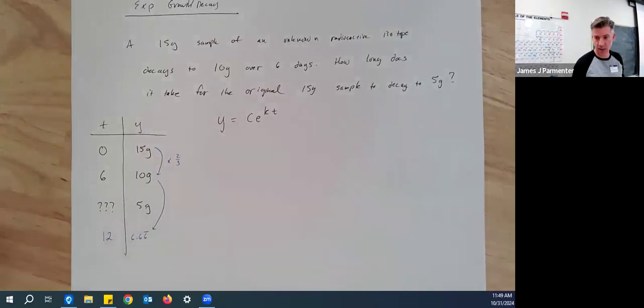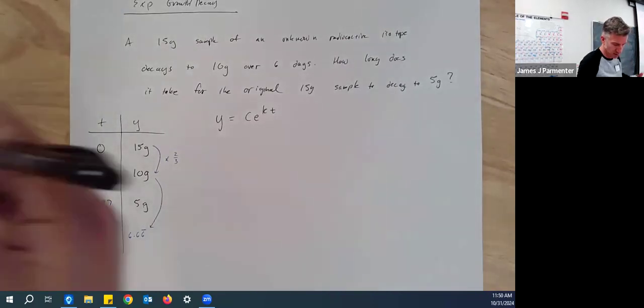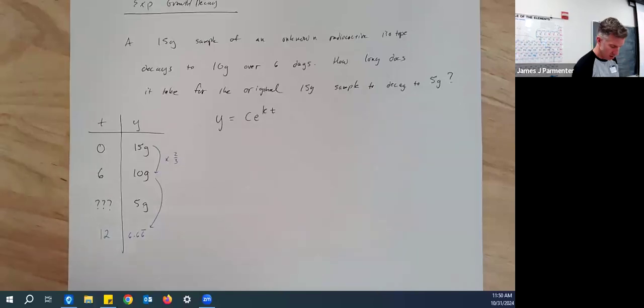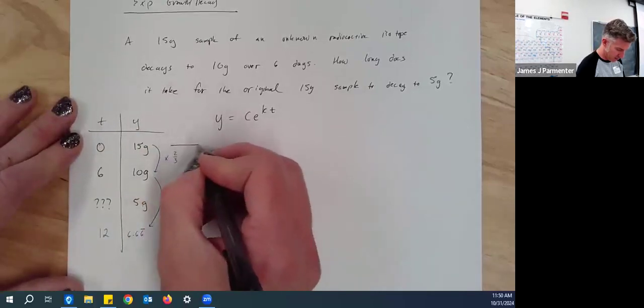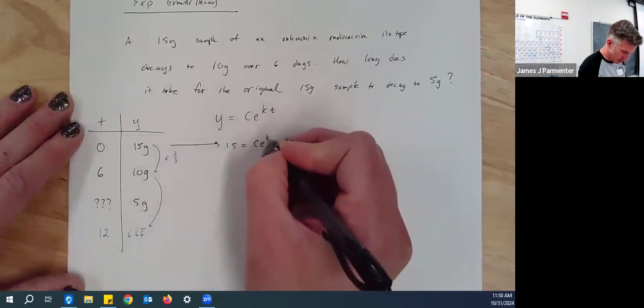So here's how you do this. To me, this doesn't feel like a calculus question, since you're not using any differentiation skills. It's more of a pre-calculus, but it's good to be aware of what we're doing. First find C by setting y equal to 15, t equal to 0.